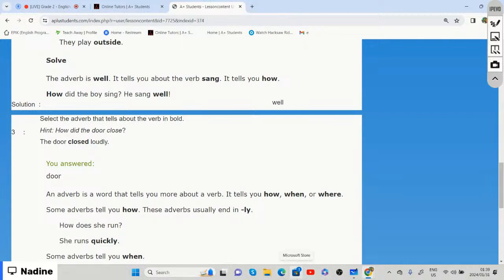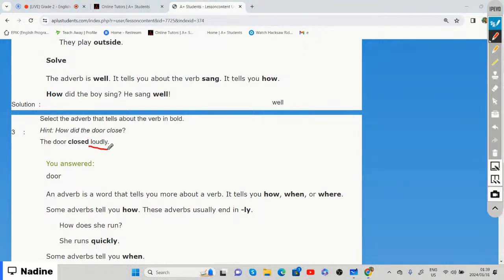For example, how did the door close? The door closed loudly. And if we were to select the adverb, we would select loudly.